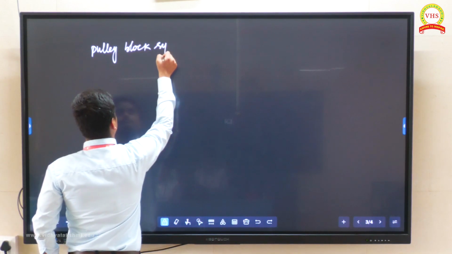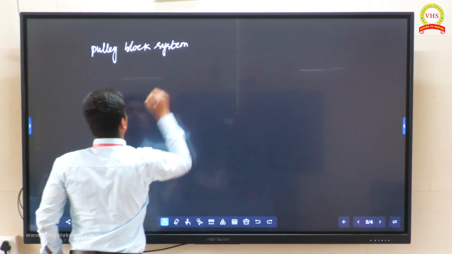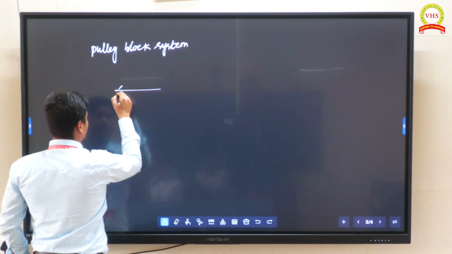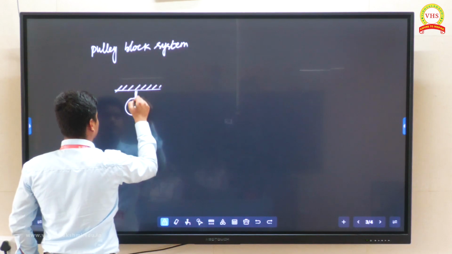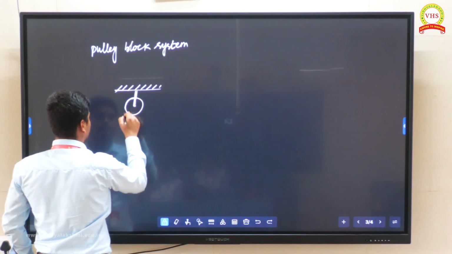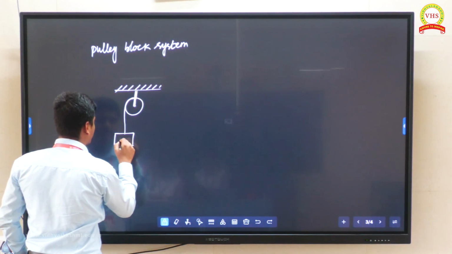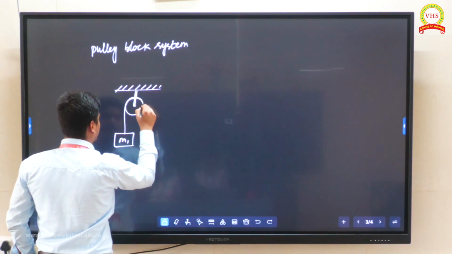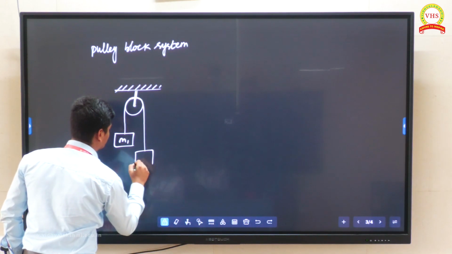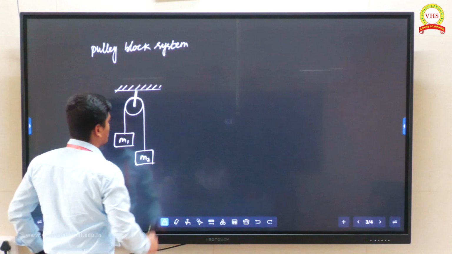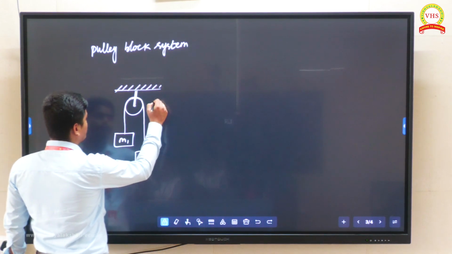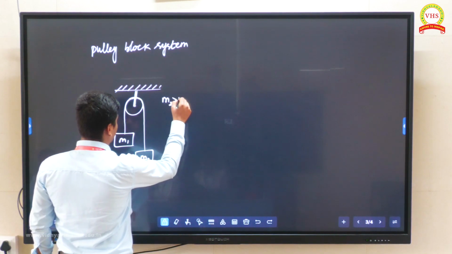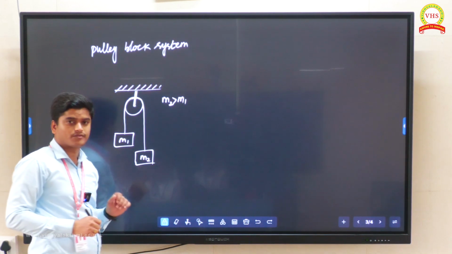Now you have a pulley here, and from this pulley one mass is hanging here, M1, and another mass is hanging here, M2. And let's consider M2 is greater than M1.